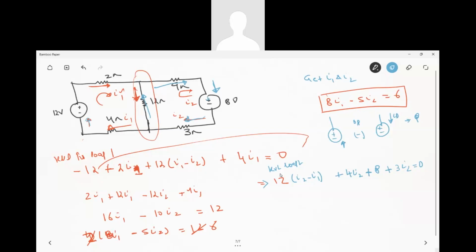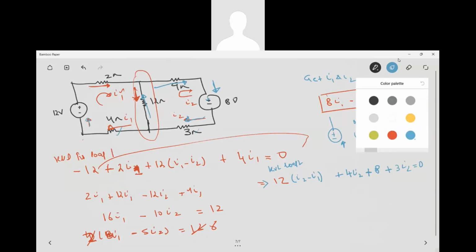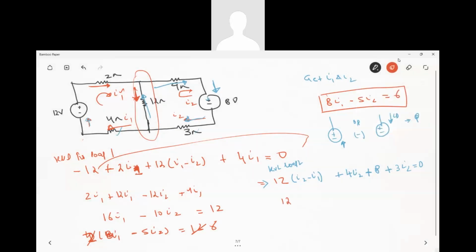And in the branch resistor, you have to keep in mind the current would be that low. In all the others, it would be the same current. Suppose here it is I1, here it is I2. Are you understanding? 12 I2 minus 12 I1 plus 4 I2 plus 8 plus 3 I2 is equal to 0.